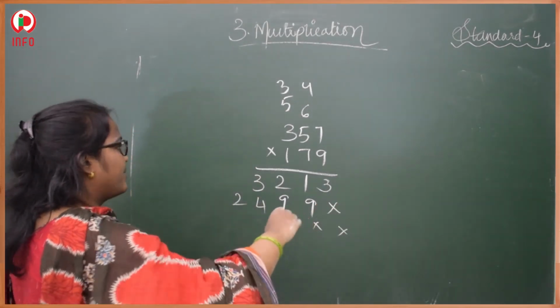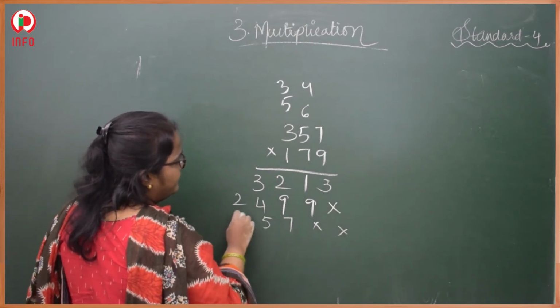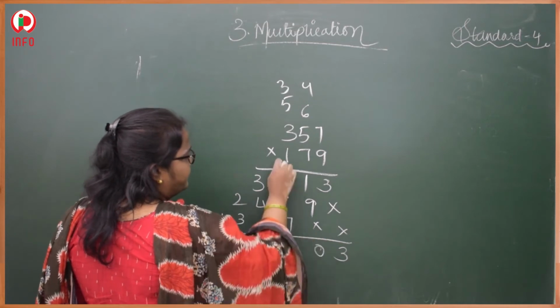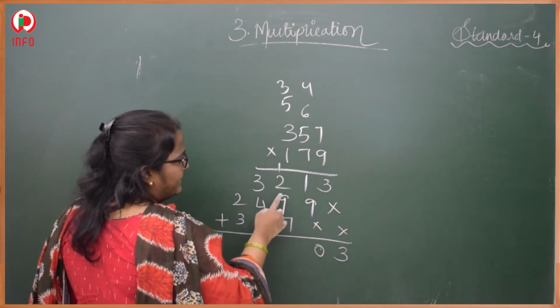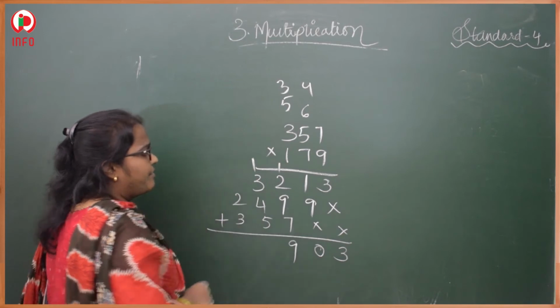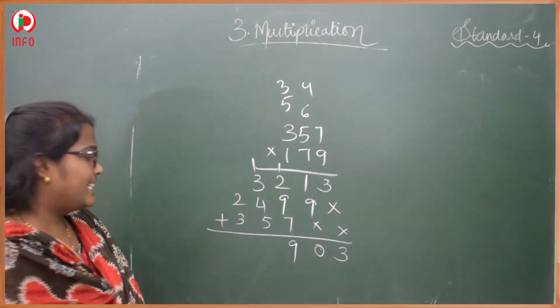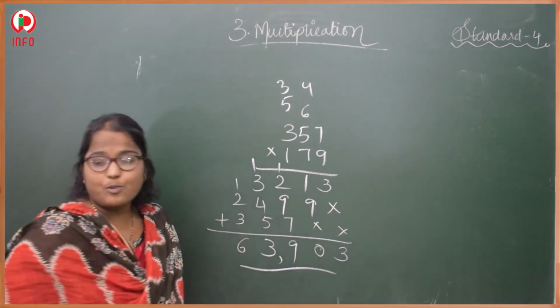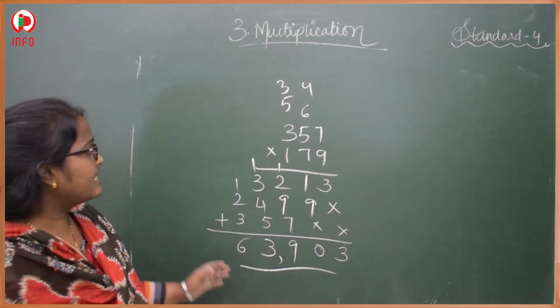Again, 1 7 is 7, 1 5 is 5, and 1 3 is 3. The total is 63,903. Yes, it is there in the textbook.